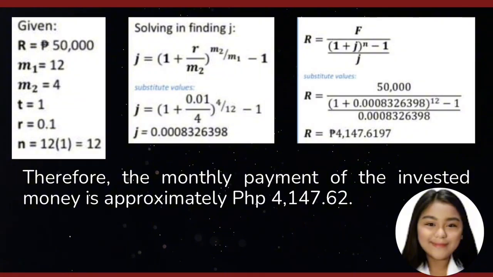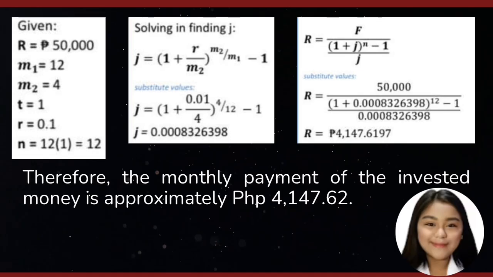Just substitute the given values, and if you put that into your calculator, we will end up with j equal to 0.000832639. Since we already have the value of j, we can proceed to get the periodic payment of general annuities in this example.